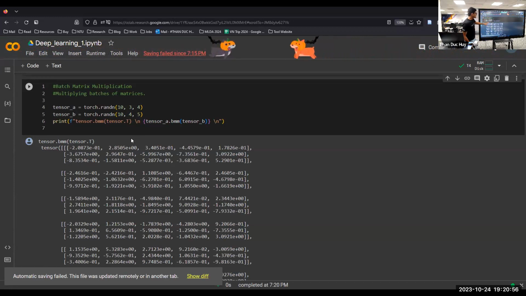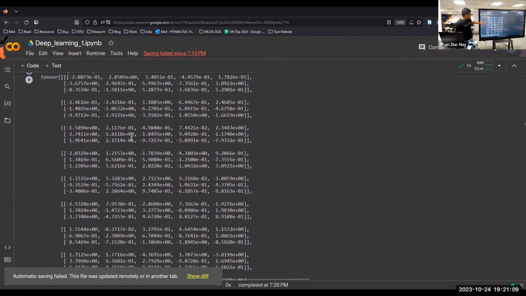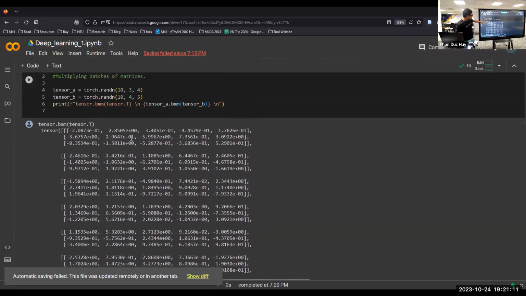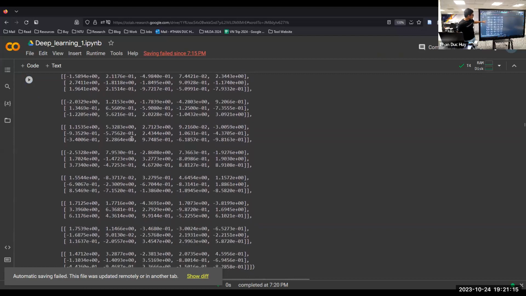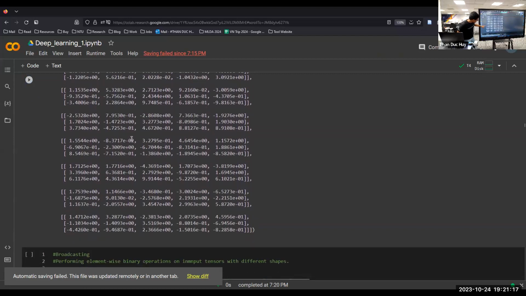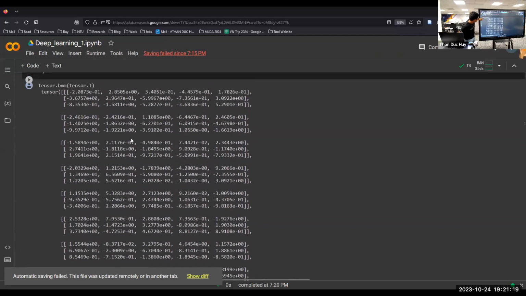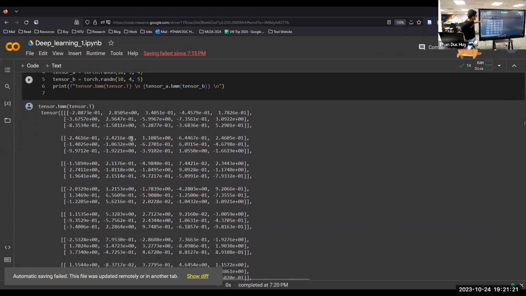It considers each matrix separately and then uses matrix multiplication on those 2 matrices. So what you see is essentially the product. There are 10 matrices. 1, 2, 3, 4, 5, 6, 7, 8. Wait, I think I miscounted. But there should be essentially 10 matrices.